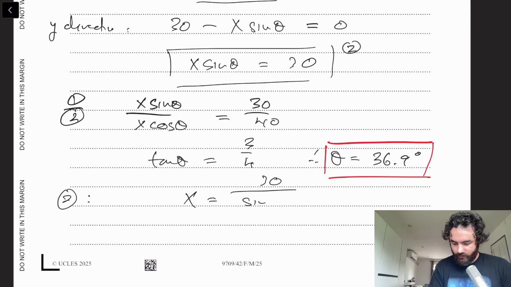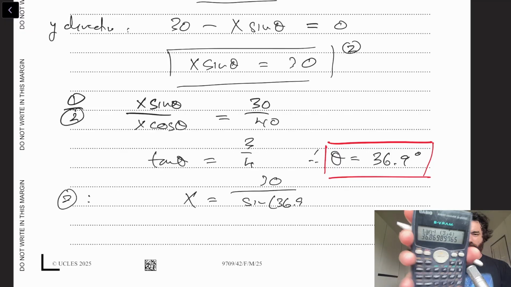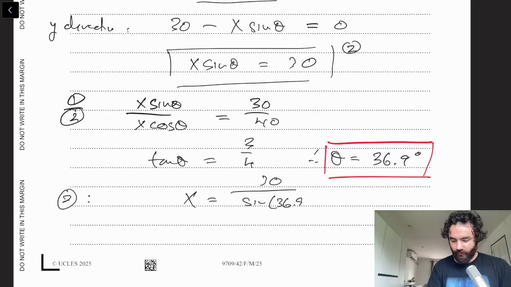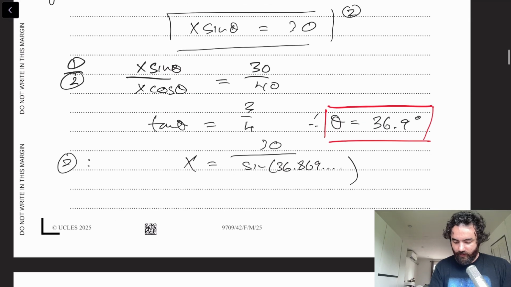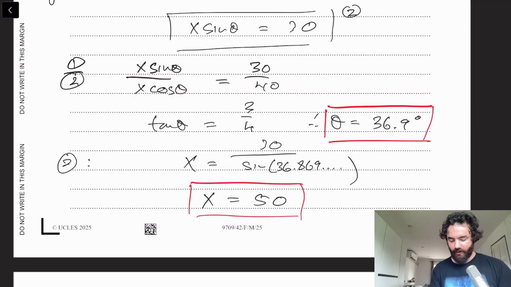I'd keep it in this exact form, so don't round it. It's actually 36.869, a long number, so you can get the exact value. So the sine of this, 30 divided by the answer, equals 50. Okay, so that's what that is. So 50.